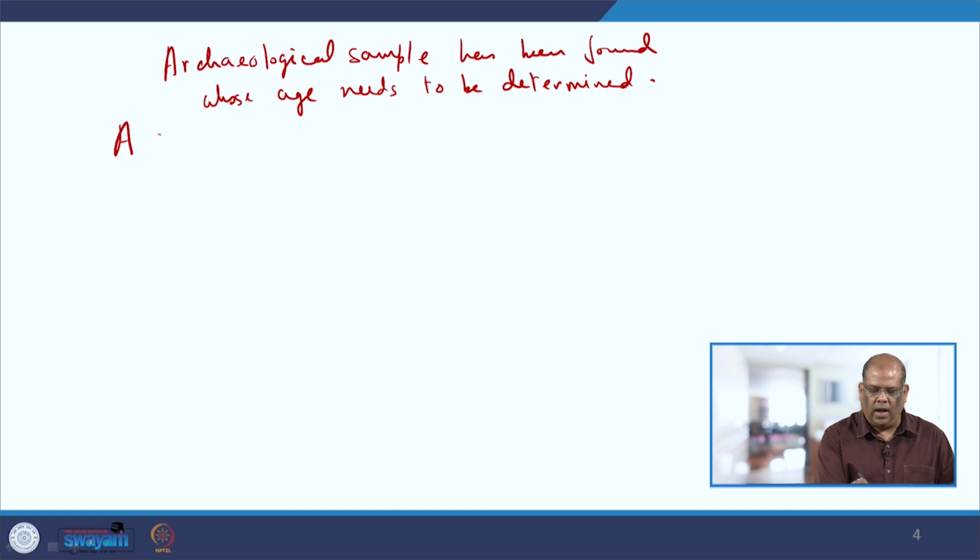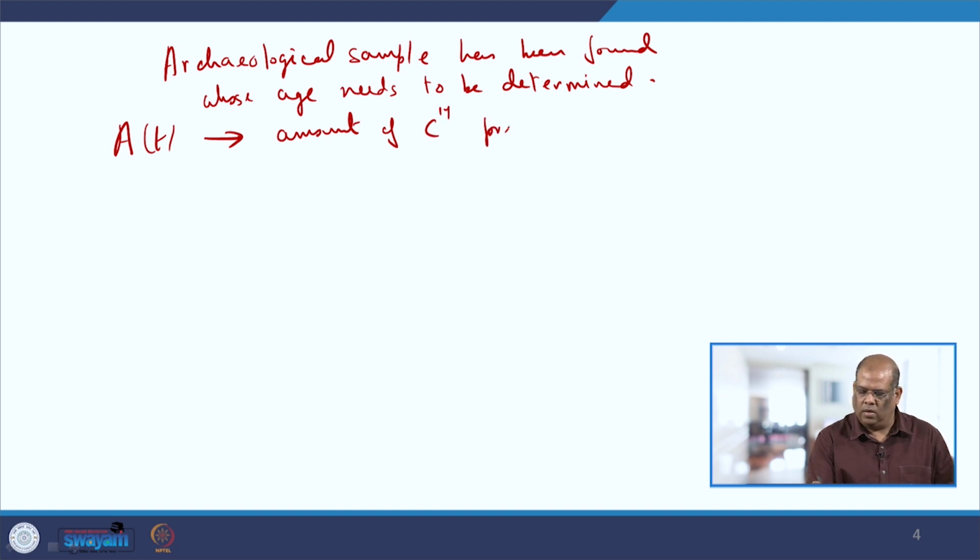We consider A(t) to be the amount of carbon 14 present in the sample at time t.